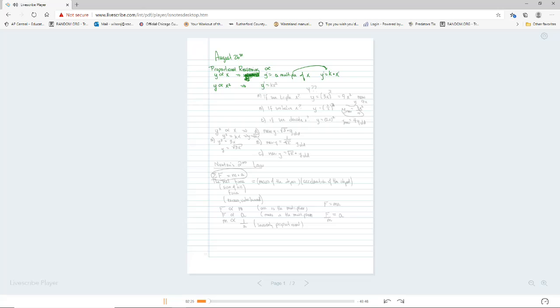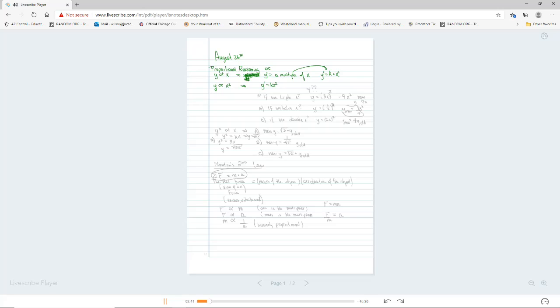So what happens on the y equals x squared? Well, the original one had a power of 1 for y and a power of 1 for x. Now we've got y with a power of 1, but x with a power of 2.